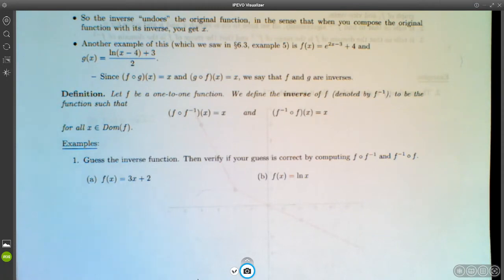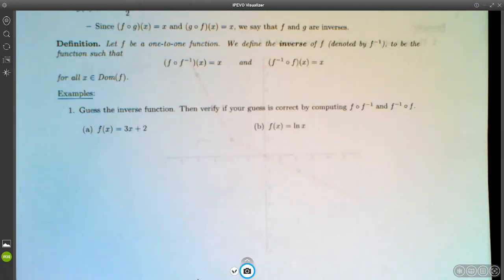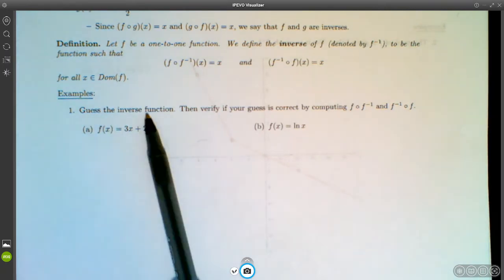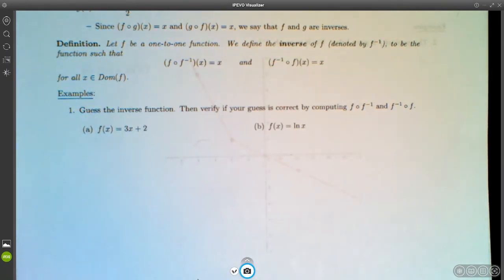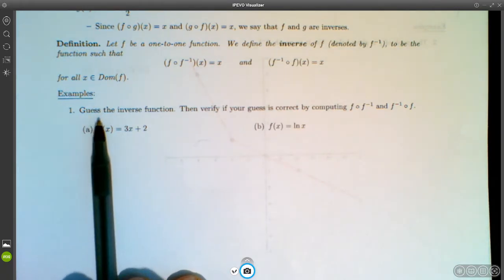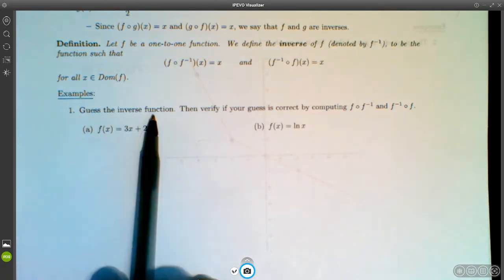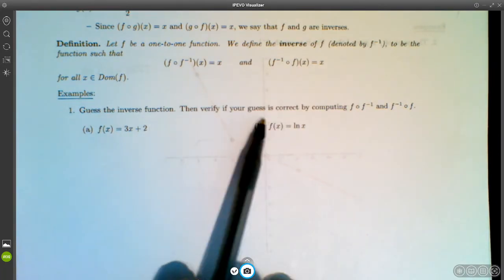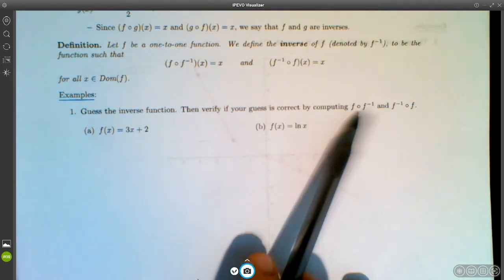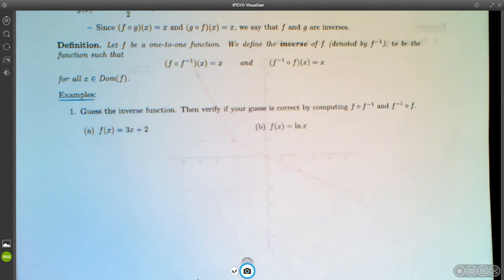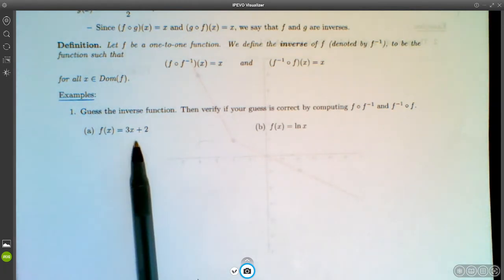So, let's practice. We're going to look at a couple functions. We're going to guess what the inverse is. We'll talk about how to find the inverse in a second, but for now I think we can try to develop some intuition and just guess what the inverse is, and then verify that our guess is correct by computing these two compositions. Okay? So for f of x equals 3x plus 2, remember the inverse is the function that's supposed to undo this one.